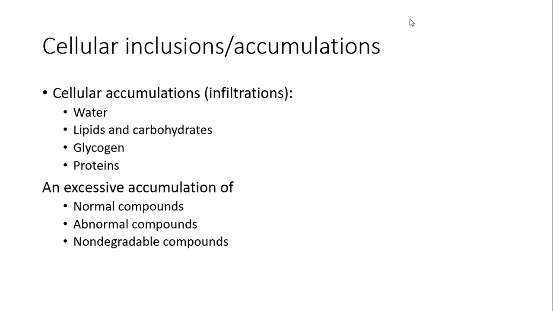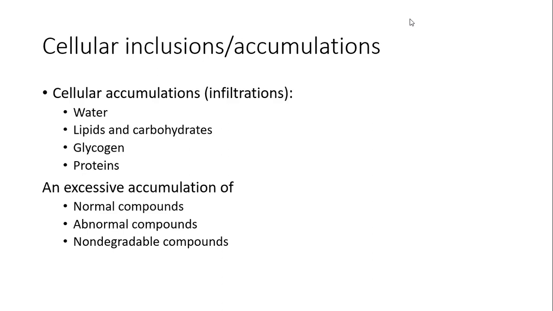But then you can also have abnormal materials that accumulate in the cell, such as pigments or abnormally folded proteins or metabolites. And then there are non-degradable compounds like pigments and other things like silica.